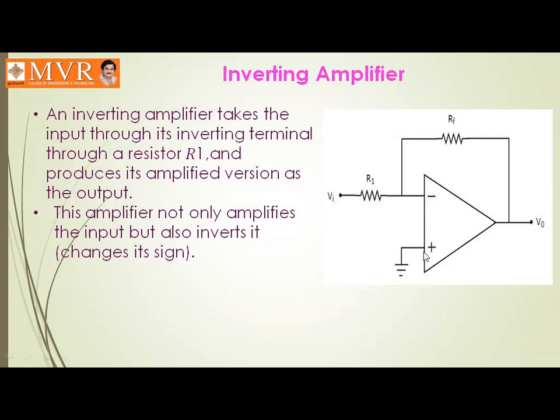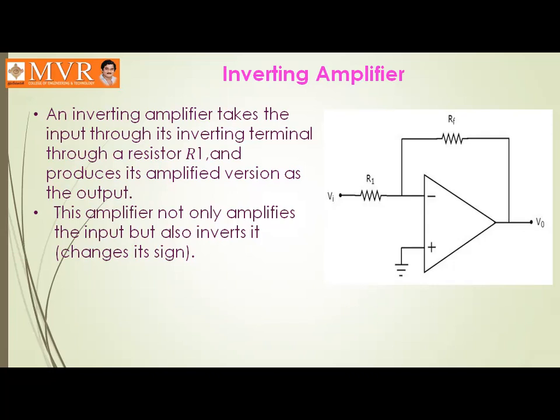Then the feedback is provided with the help of RF. Why do we go for this feedback? For operating the op-amp in a linear region, we must consider the closed loop op-amp. For maintaining the closed loop, we use this feedback resistor. This is the circuit diagram of the inverting op-amp.